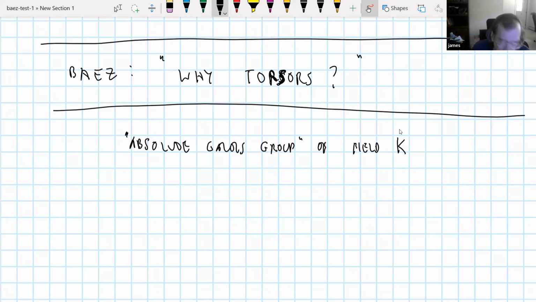One of which is that when you talk about the algebraic closure of K, that's already a little bit illegitimate, right? Because there isn't really a the algebraic closure. There are only algebraic closures.